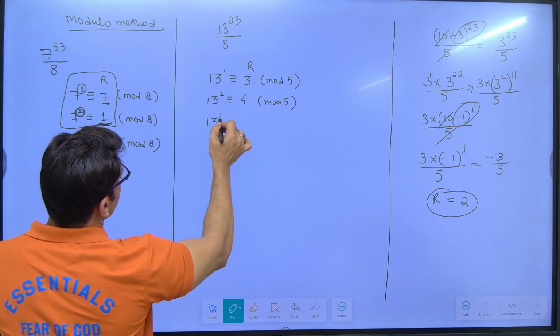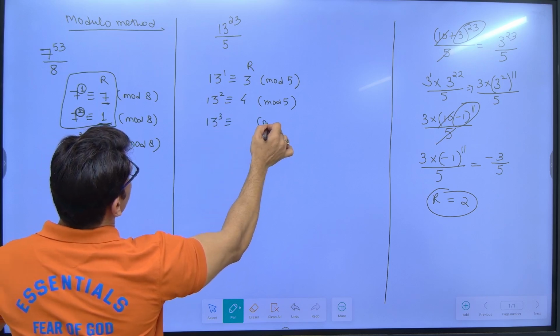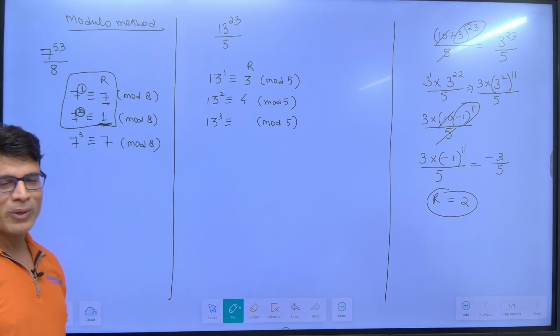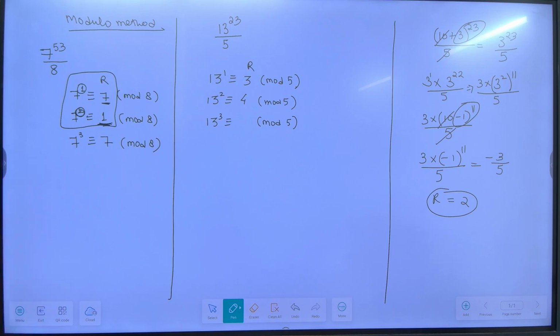Then you have to do 13 cube. You don't have to do 13 cube. You don't have to do 13 raised to the power 4. Now I'm just teasing you, so you calculate what 13 cube is. 2197, if I'm not wrong. No, check it, 12 cube is 1728.